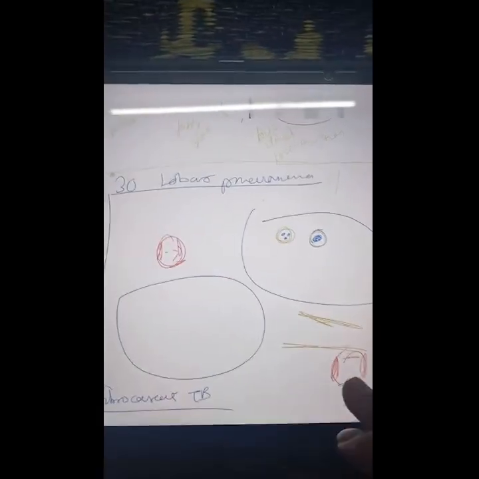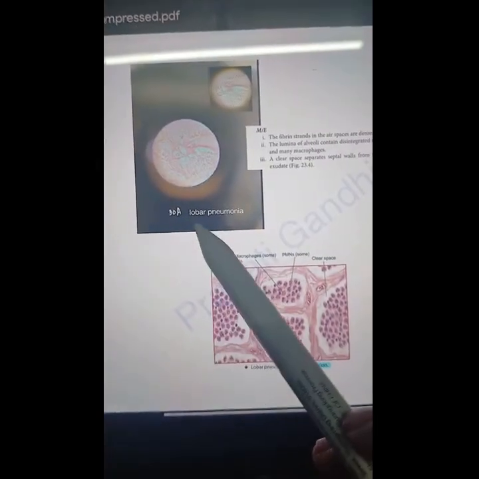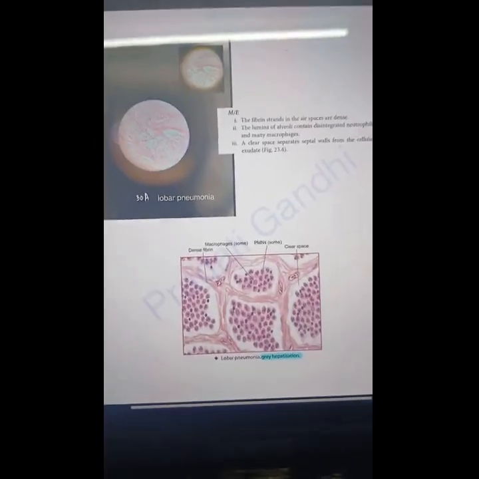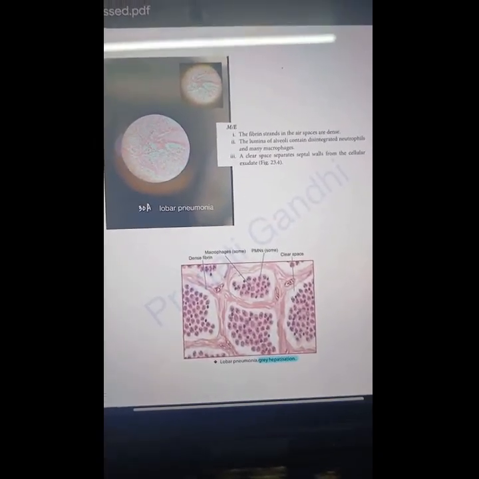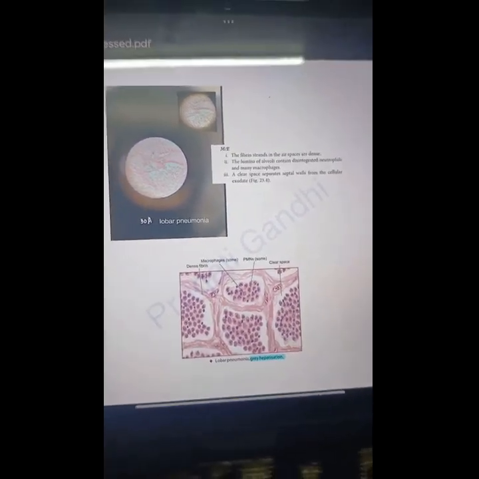Next and the last one which will be covered in this video is lobar pneumonia. In lobar pneumonia, we see a lot of stages. First is the congestion stage, then red hepatization, gray hepatization, and last is the regeneration stage.